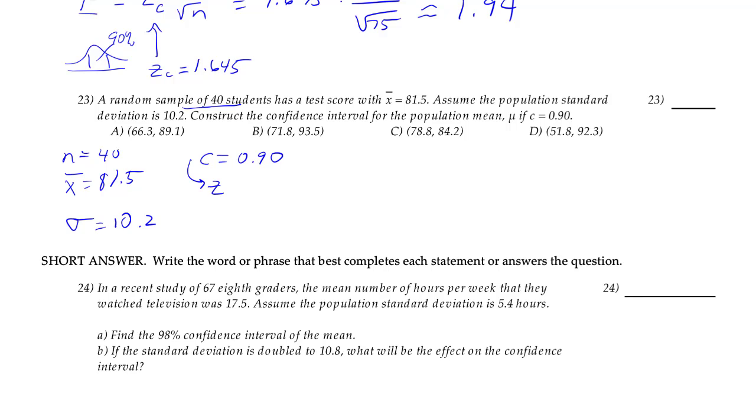The meaning for us is that the critical Z value will then be 1.645 as we used above.